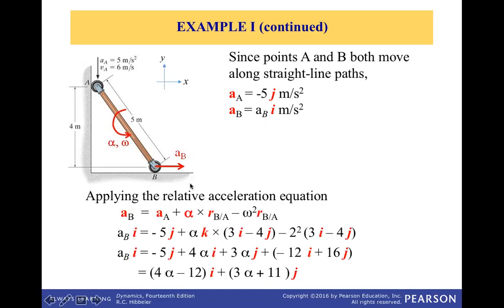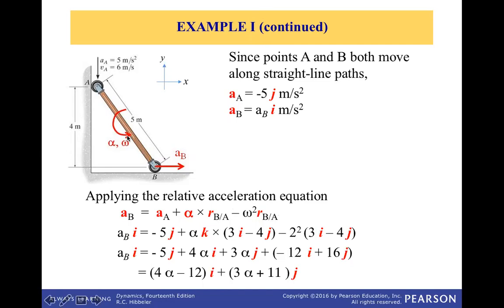According to the relative acceleration equation, A sub B equals A sub A plus alpha cross R B sub A, minus omega squared R B sub A. Omega here is quite straightforward, it's in this direction. You can assume alpha is in the same direction.